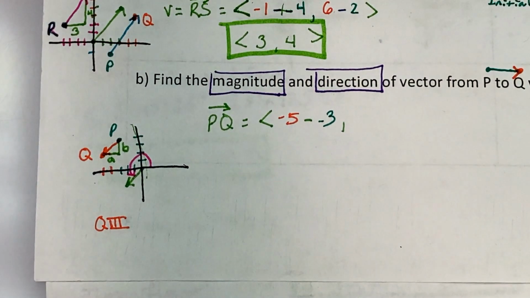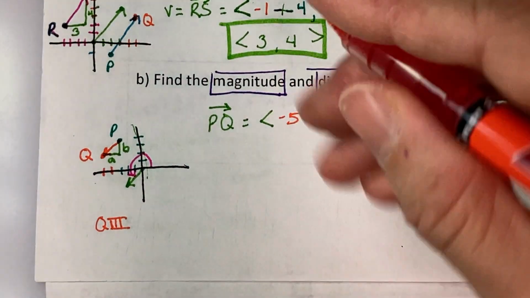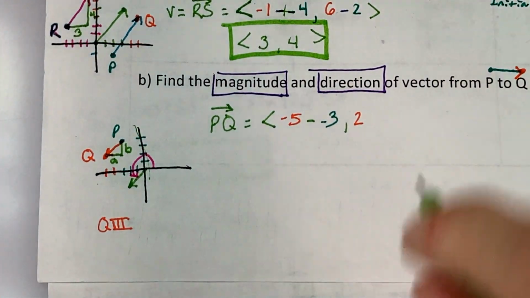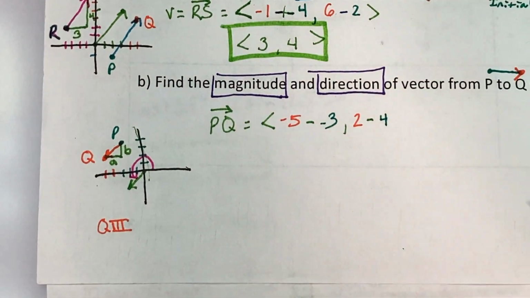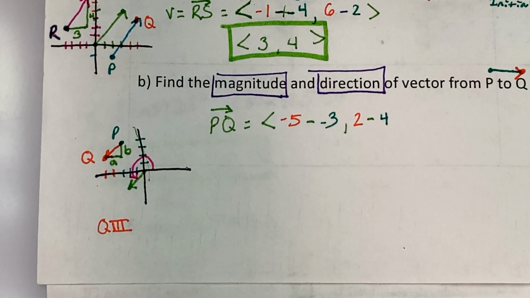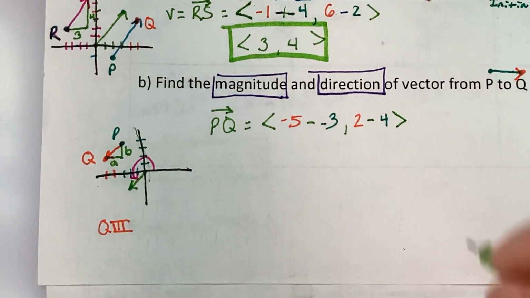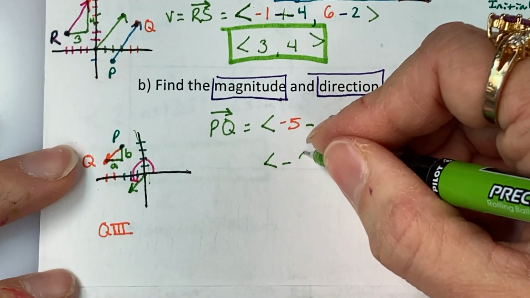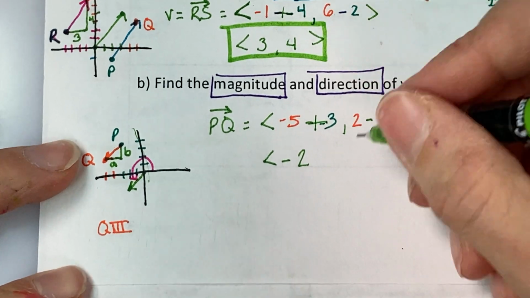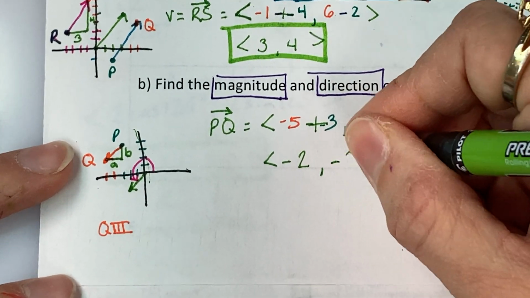And then the terminal point's y value minus the initial one. So then, carrying out this operation, we get -2, and we get -2.